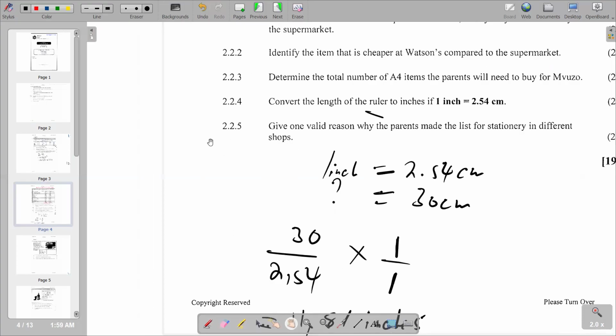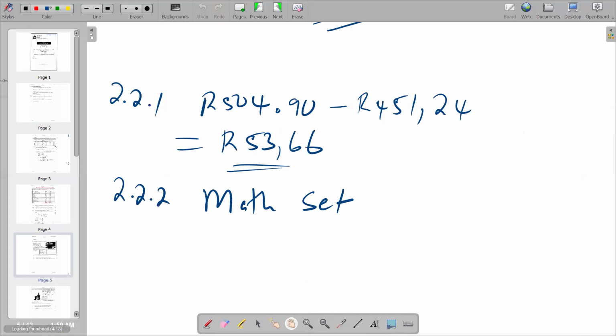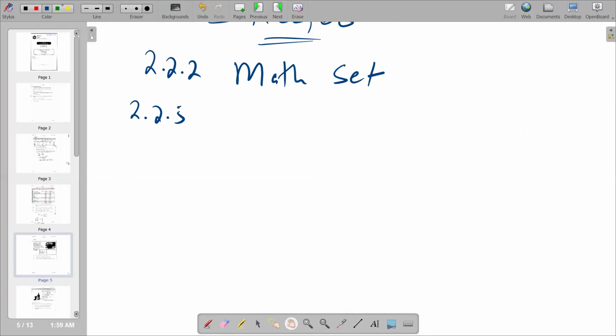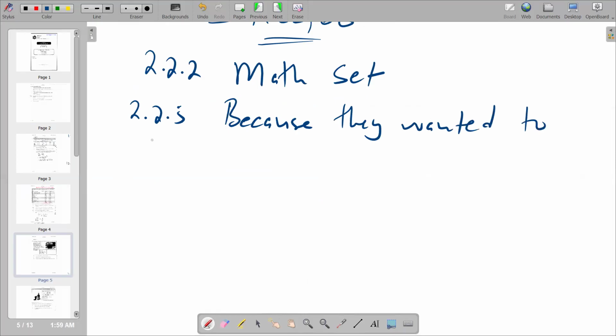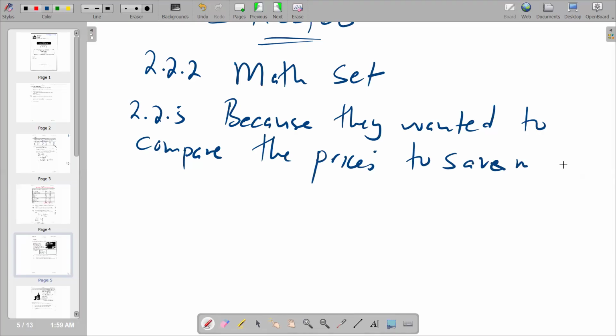On 2.2.5, we are saying because they wanted to compare the prices to save money. So that's the reason, because they wanted to compare the prices to save money.